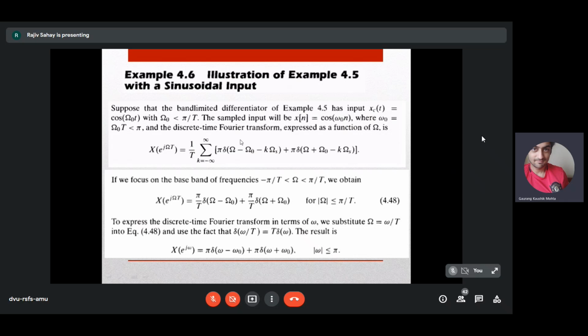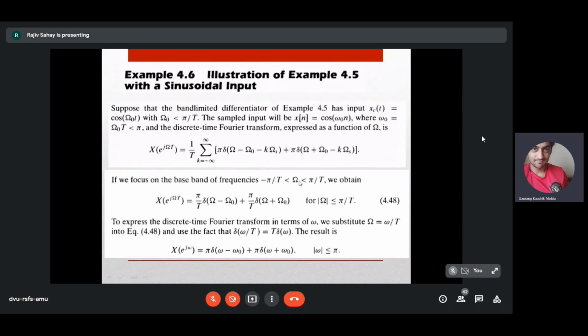So the DTFT of cos of small omega naught n can now be written like this: X(e^{jω}), where small omega is capital omega T, equal to 1 by T, π into delta of omega minus omega naught minus kΩs.